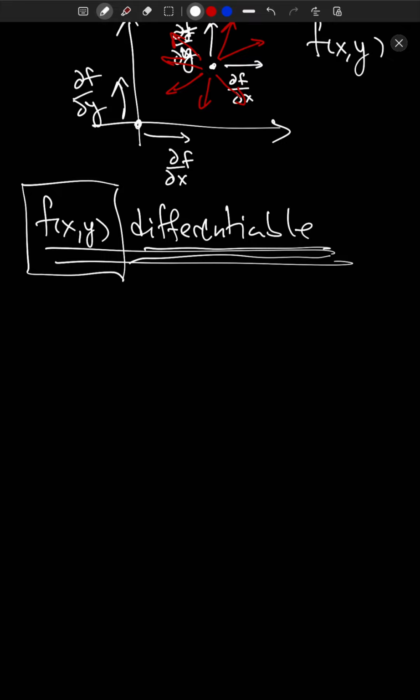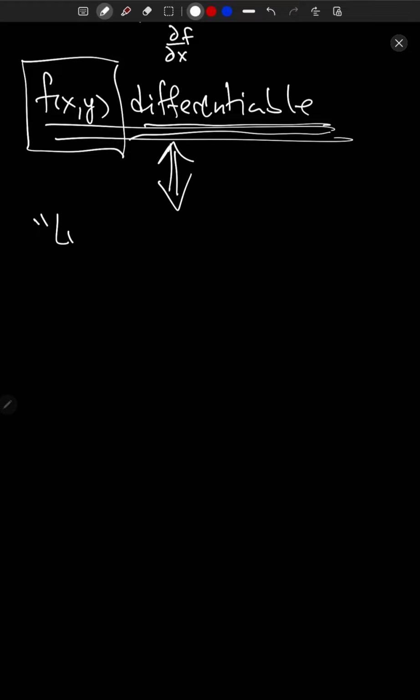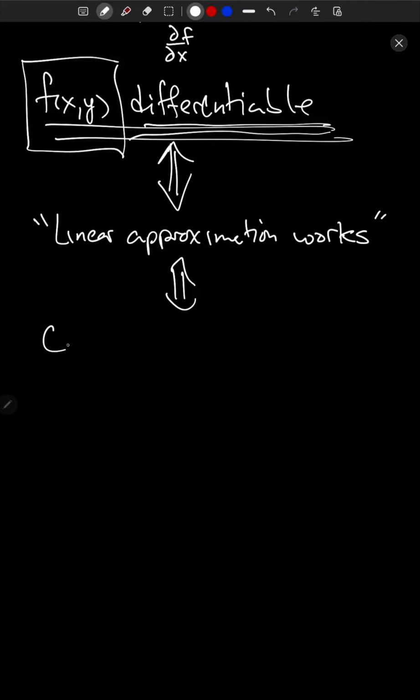And from that, we got the fact that the chain rule works. So differentiable is equivalent to linear approximation works, which gave us our chain rule formulas.